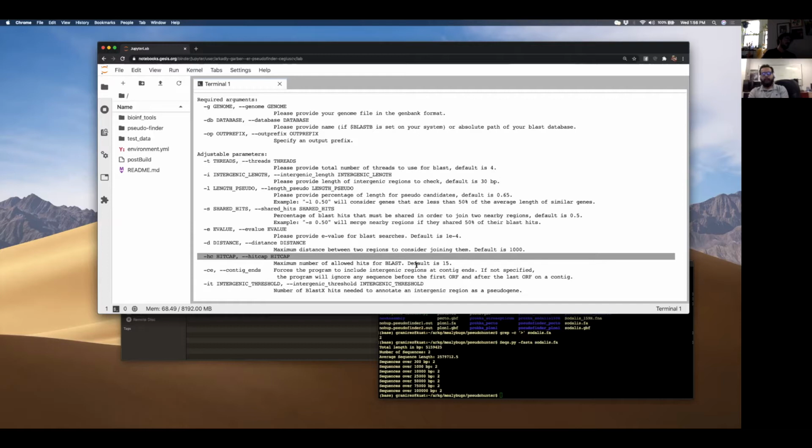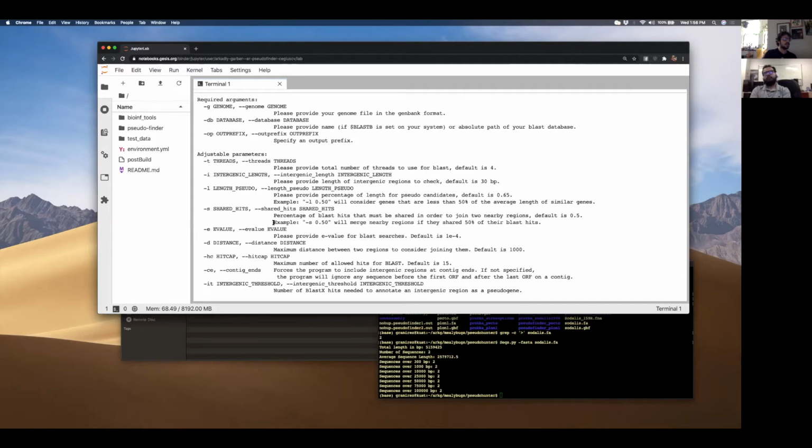So you can alter the number of homologs that you want to use as a reference to evaluate whether a gene is a pseudogene. The default is 15, but you could set this to be higher or lower. And to go back to shared hits, this refers to the percentage of blast hits that must be shared in order to join two nearby regions.